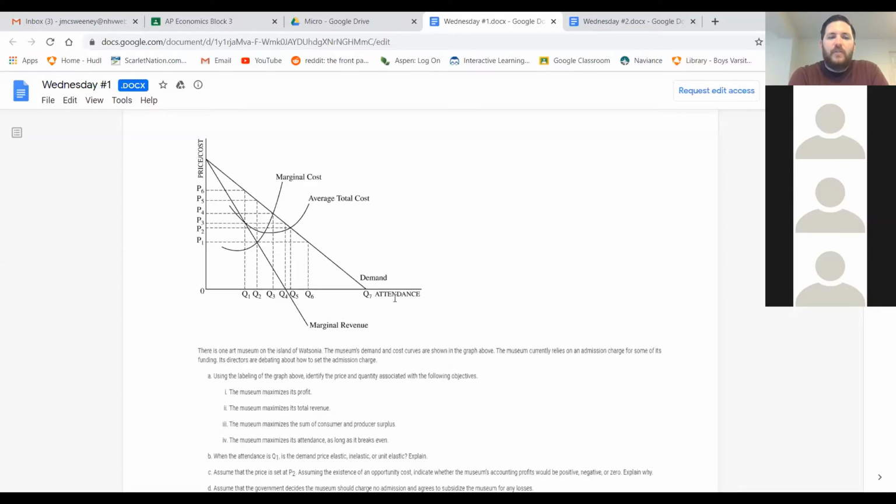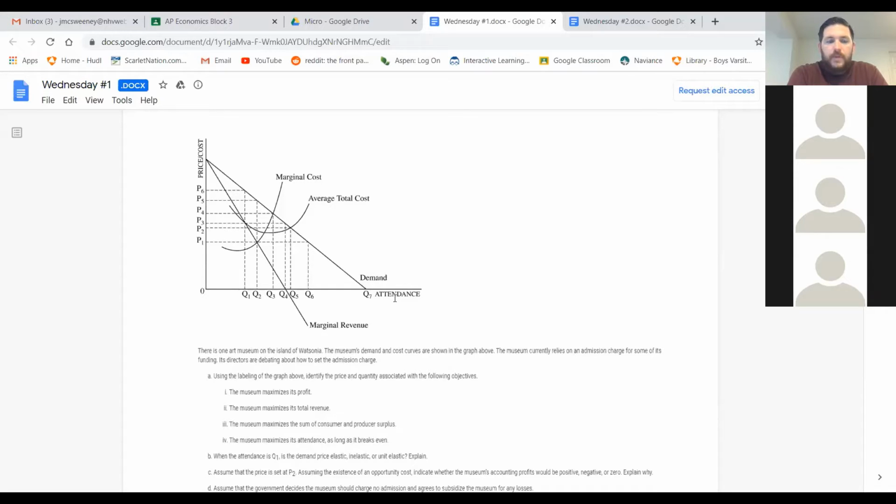At Q4, we know that any item produced after Q4, the additional revenue we are going to generate will be negative, which means our total revenue will begin to fall. Okay, so when marginal revenue is equal to 0 is where we maximize our total revenue. So the answer for this question would be P3 and Q4.